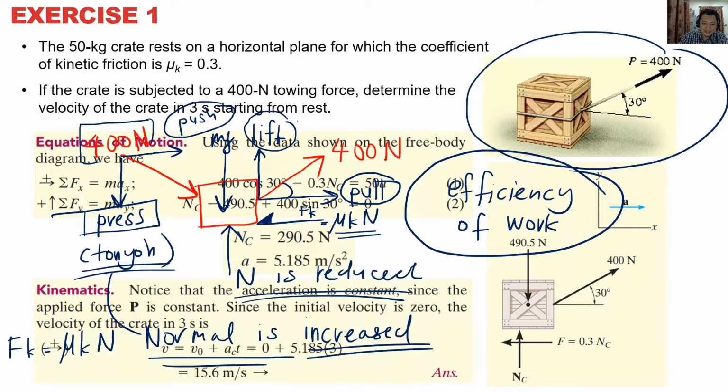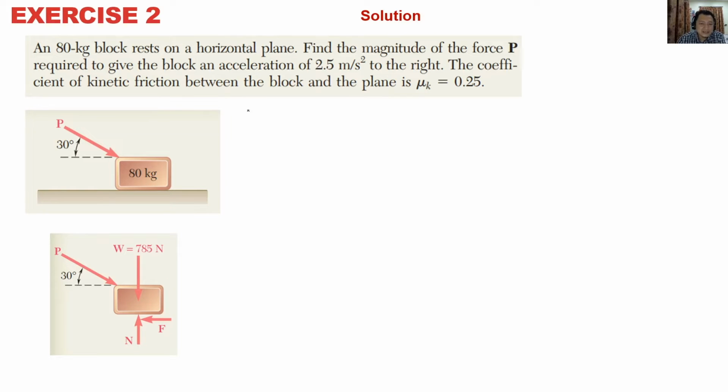Okay, so now let's look at next problem. So, as what we have been telling you just now, this is a bad idea. This guy is pushing forward, but he is also creating the... he's trying to push, but also he is at the same time pressing down. Okay, so you get the point.